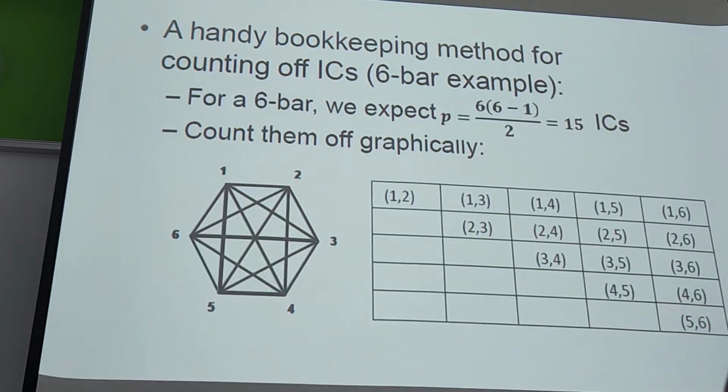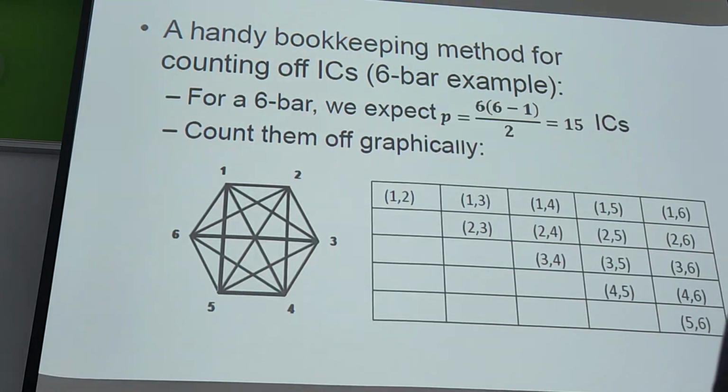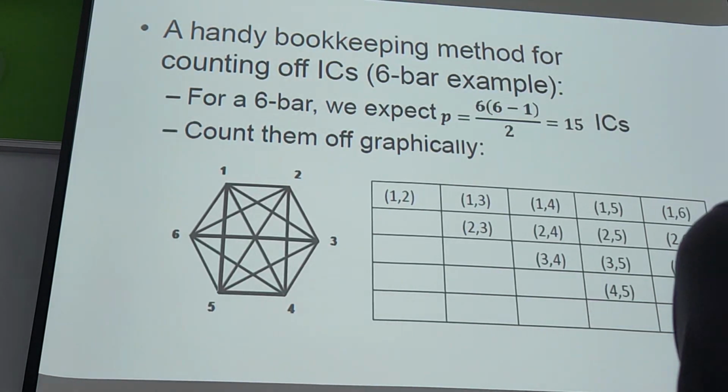So for a 6-bar linkage mechanism, we will have 15 ICs. You can identify all the ICs like this: 1-2, 1-3, 1-4, 1-5, 1-6, then 2-3, 2-4, 2-5, 2-6, 3-4, 3-5, 3-6, and so on. So these are the 15 possible ICs for a 6-bar linkage mechanism.